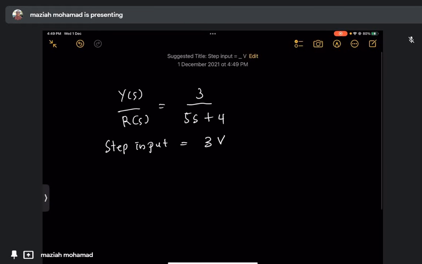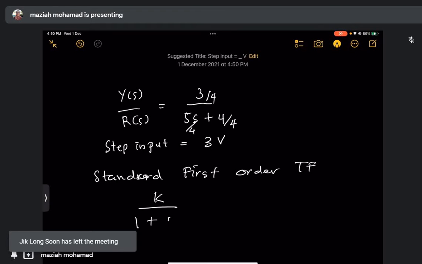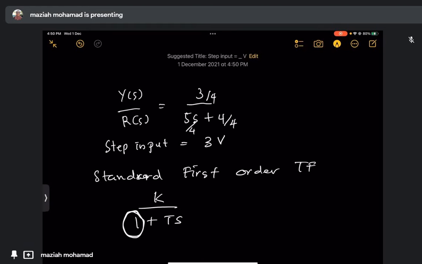All right, so first let's convert into the standard first order transfer function form. The standard is K over 1 plus Ts, so we need to make sure the equation has 1 there.